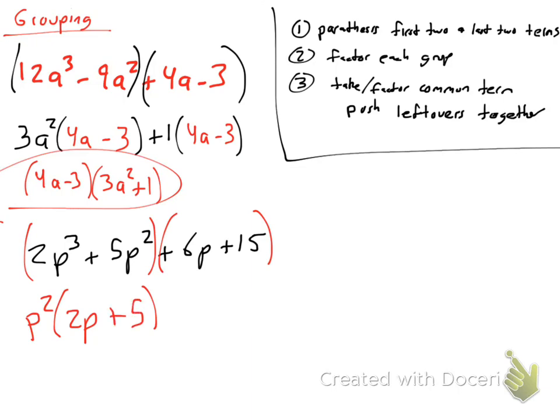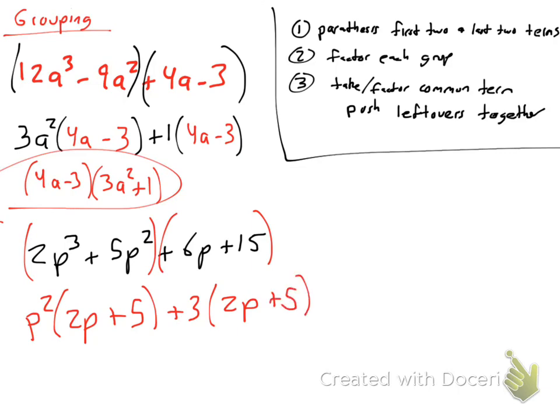Okay. I move to the second group, 6p and 15. Well, I can't take any p's out of that group, but it looks like I should be able to take, not a 6, oh, I could take a 3. I could take a positive 3. So I'm going to take a positive 3. That'll leave me with 2p plus 5.